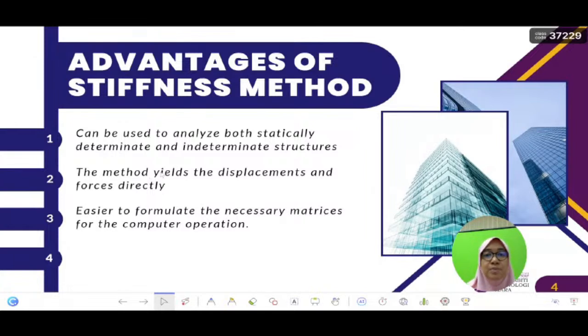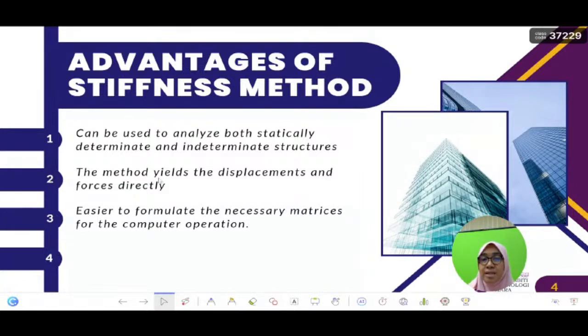The method yields the displacement and forces directly. So by comparing to the other method called flexibility method, this is one of the methods that can be used to analyze both determinate and indeterminate. And using this method, we can analyze displacement and forces directly.